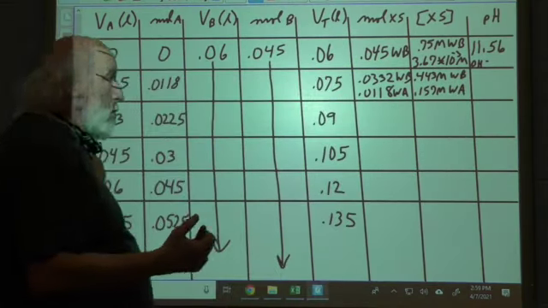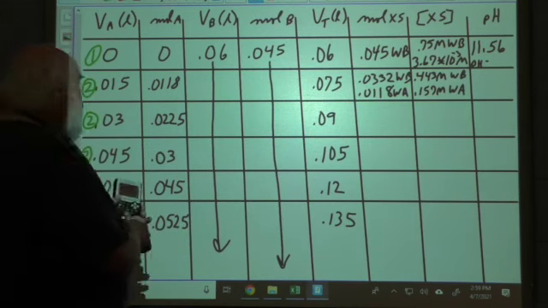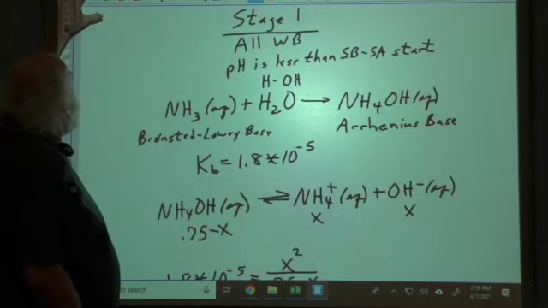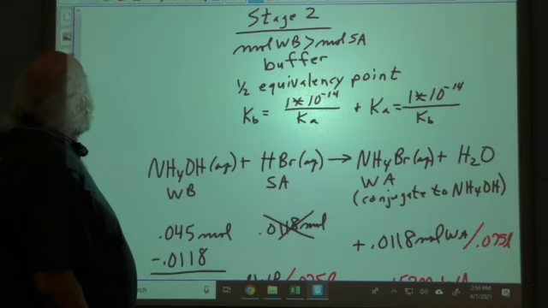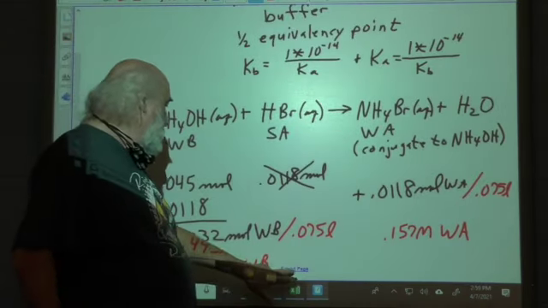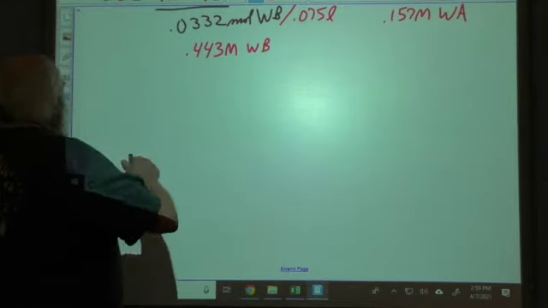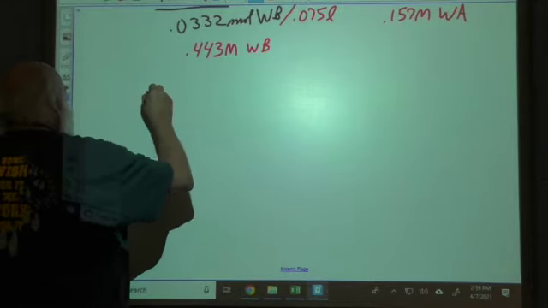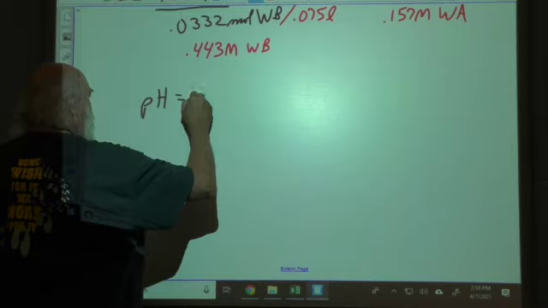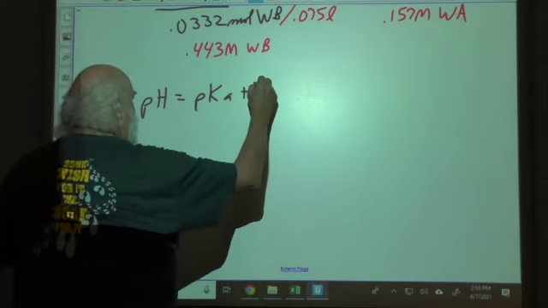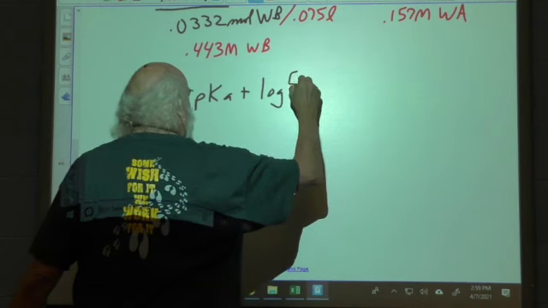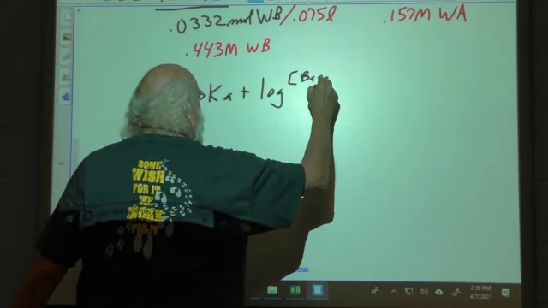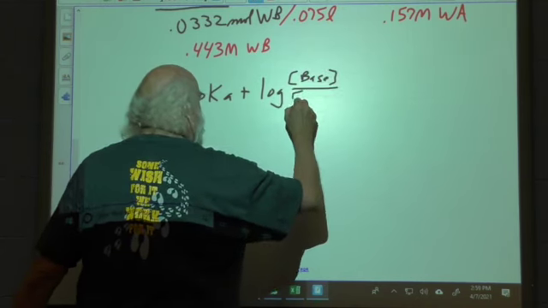So now we got to go to Henderson Hasselbalch, since this is a buffer. All right, so Henderson Hasselbalch: pH is equal to pKa plus the log of the concentration of the base over the concentration of the acid.